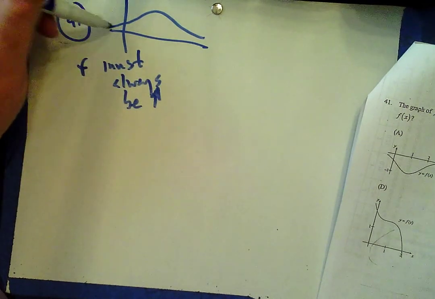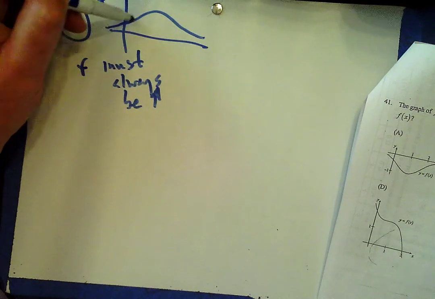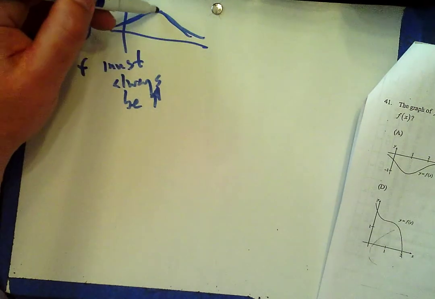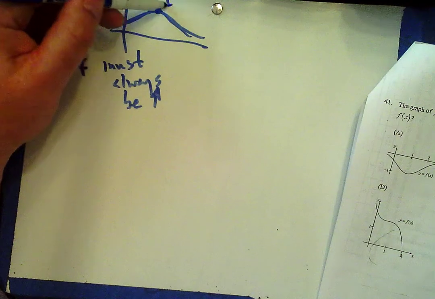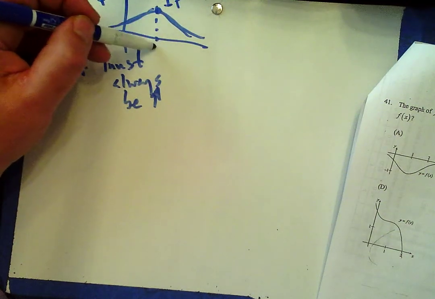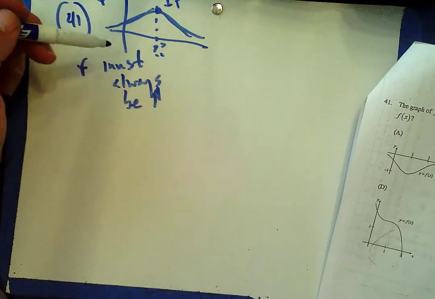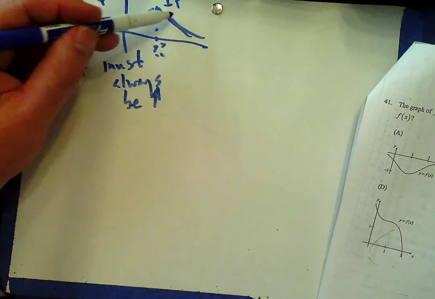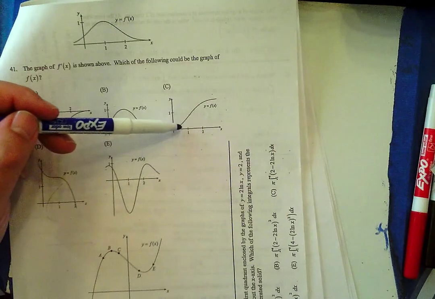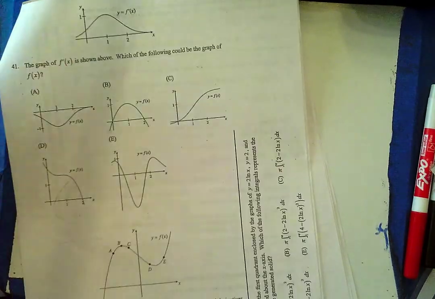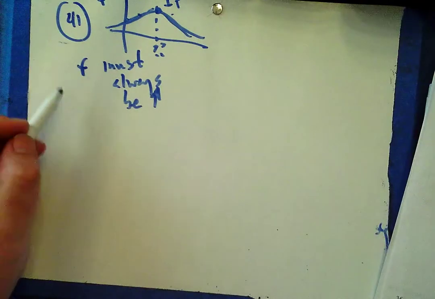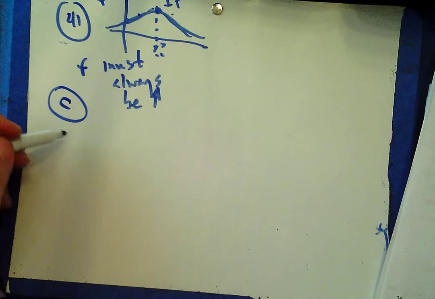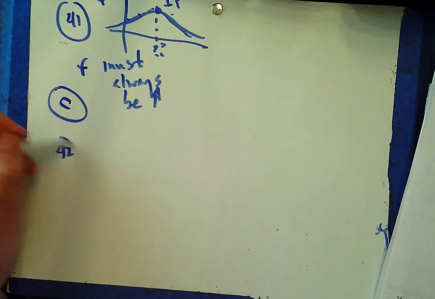But I see f prime goes from increasing to decreasing. So I know that there's an inflection point somewhere. So always increasing, but concave up and then concave down. And here I have always increasing with concave up to concave down. So choice C is my answer for number 41. 42.